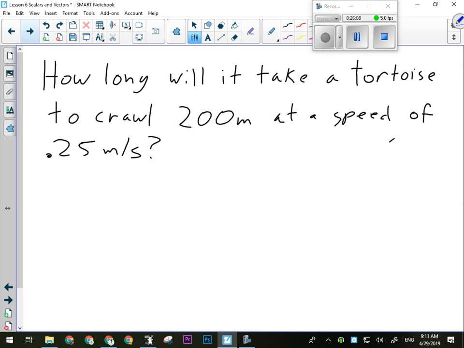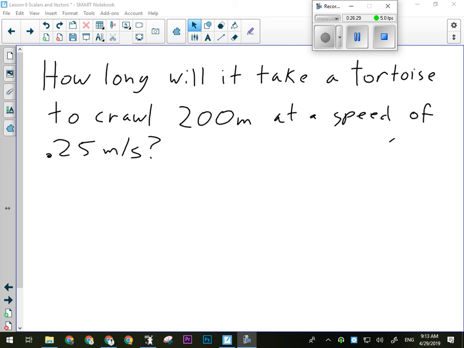Then I want you to try this one. This one's asking how long it will take for a tortoise to crawl 200 meters at a speed of 0.25 meters per second. I'll give you a minute or two on that one.